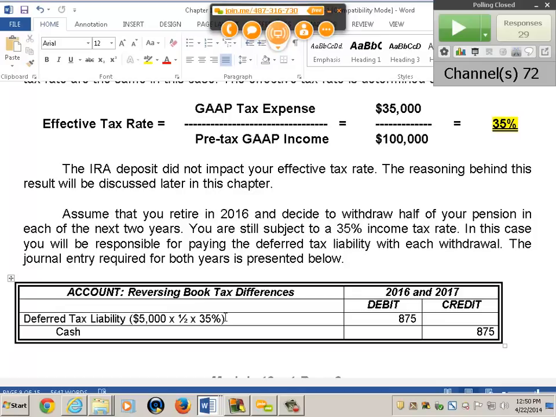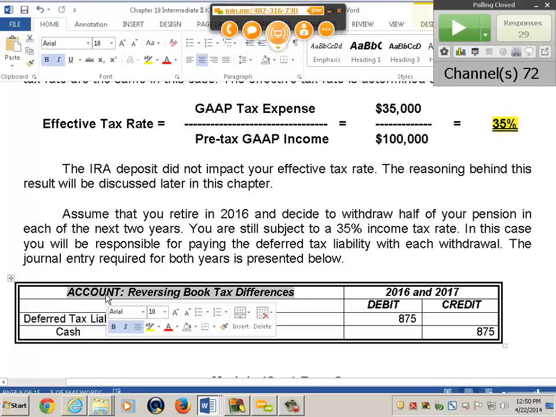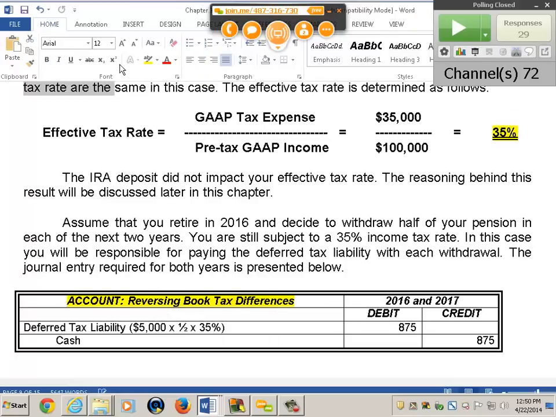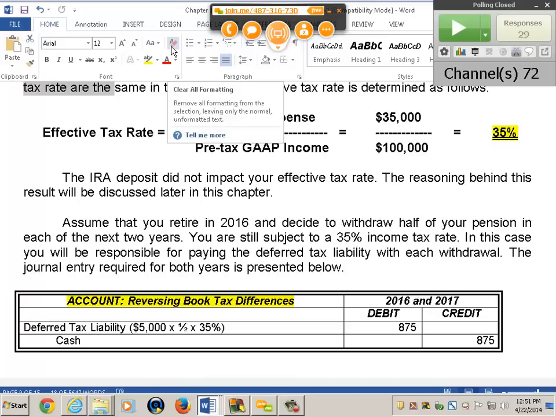You now pay back the tax. And now the book tax difference reverses. So now you have a reversal. And on reversal, you pay back the tax. You debit the deferred tax liability, and you credit cash. So in this case, actual reversal takes place. There is an actual payback of that liability.